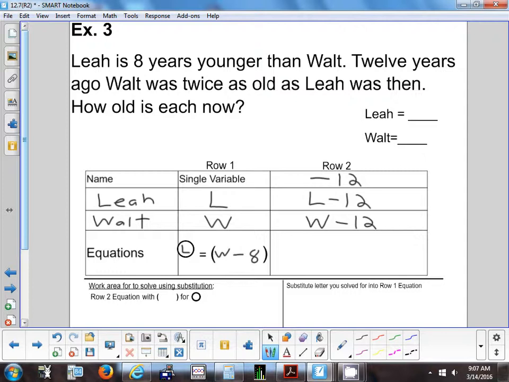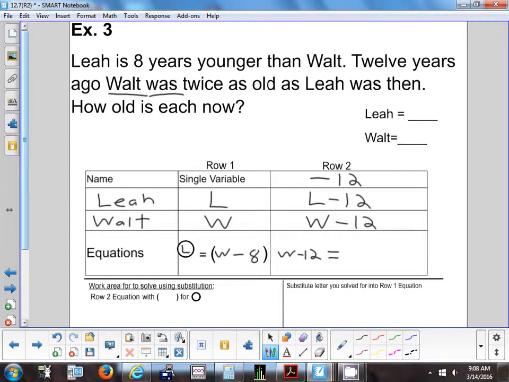Now, in the second sentence, this is the one about the past. So 12 years ago, first important thing I see is Walt. How am I going to represent Walt in the second equation? W minus 12. Walt was. What did we say? Is, was, will be. They all mean equal.